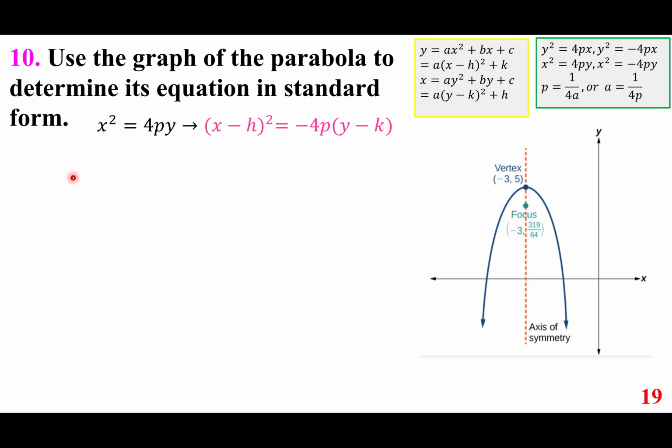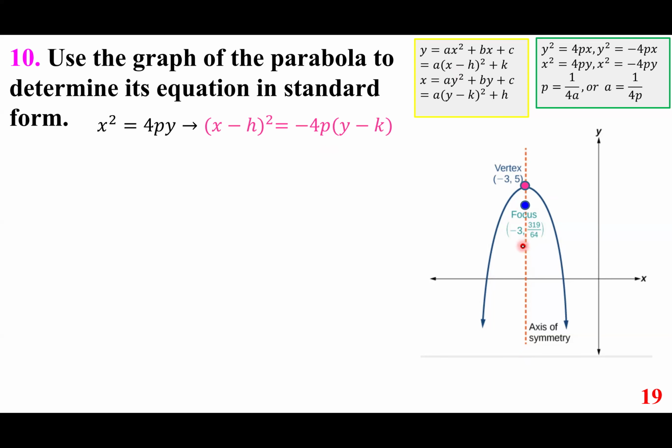So x minus h quantity squared equals 4p times y minus k, or you can go with this format. Remember, this opens up or down, so x has exponent 2. The vertex is clearly located at negative 3, comma 5, and the focus is located at negative 3, 319/64.